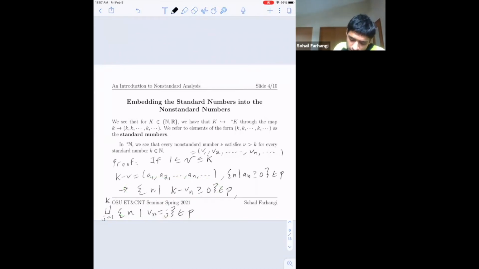So then that tells you that your non-standard number must have actually, V was a standard number the whole time. I think I might have taken the long way around this, but hopefully it made sense in the end.